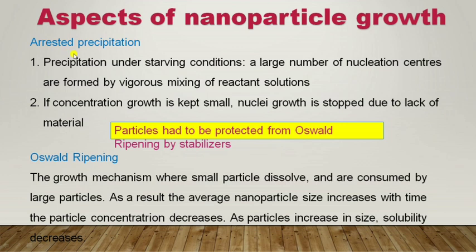It is precipitation under starving conditions, where a large number of nucleation centers are formed by vigorous mixing of the reactant solutions. If the concentration for growth is kept small, the nuclei growth is stopped due to lack of material. So the concentration also matters.